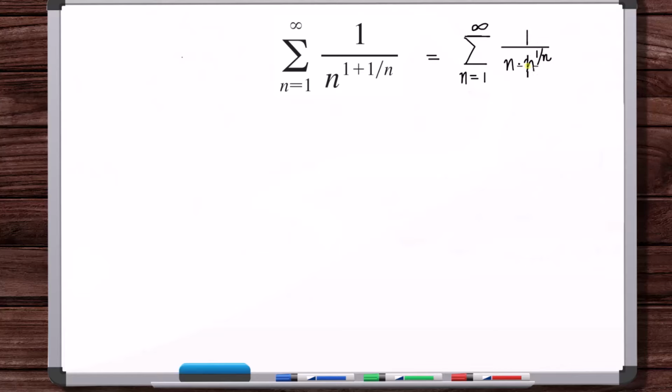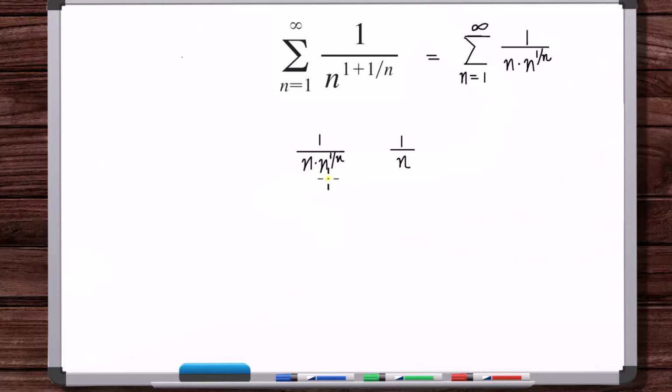And we can compare this to the series 1 over n, which we know is divergent. And so how are these terms related? Is one always greater than or less than the other?